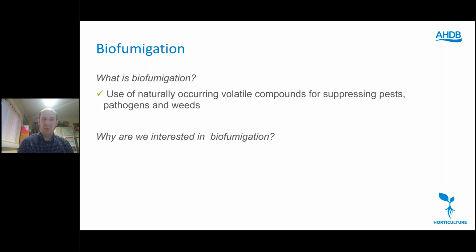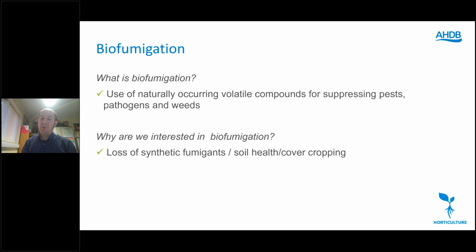The next question is, why are we interested in this process of biofumigation? The answer is that over the years we've seen a lot of loss of products. If we go back in time, there was the phase out of methyl bromide under the Montreal Protocol of 2005. Following that, there's been a lot of losses of synthetic fumigants, and researchers and the industries in general have been looking for an alternative to replace those synthetic fumigants.